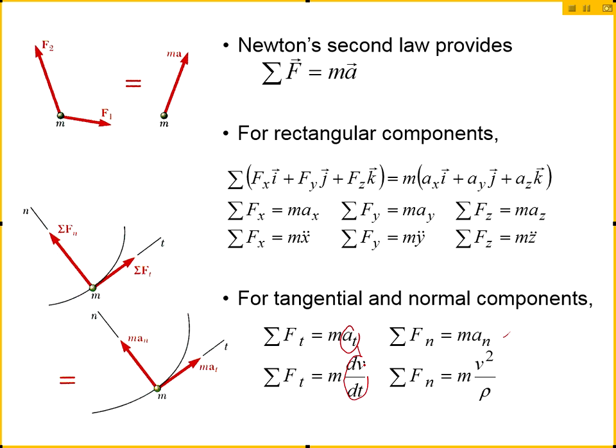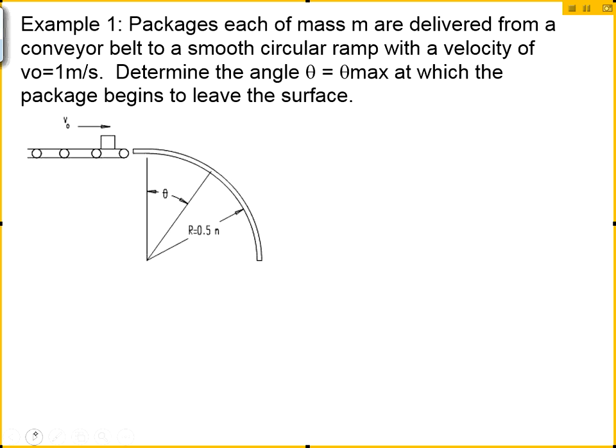And of course, we know that a tangential is dv/dt, the rate of change of the speed with respect to time. And the normal acceleration is v squared over rho. And again, if you've forgotten, a_t represents the rate of change in the magnitude of the velocity, and a_n represents the change in the direction of the velocity vector.